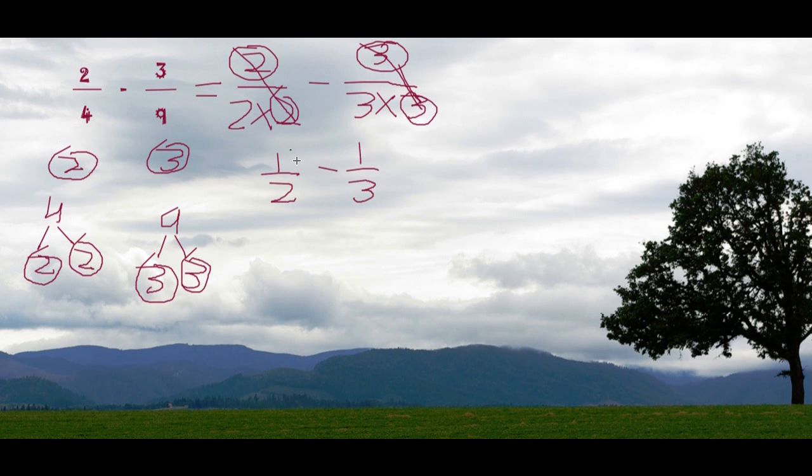Okay, we are not at all ready to subtract because the denominators are different. So we got to do our multiplying by 1. So 3 over 3 for this guy, and 2 over 2 for this guy. I'm using lots of 3's and 2's today.